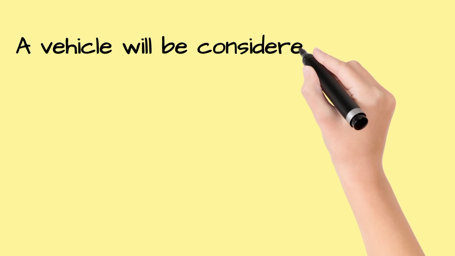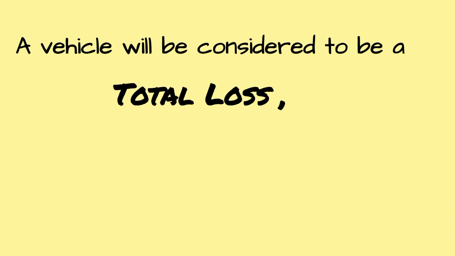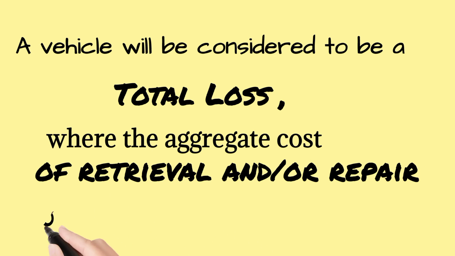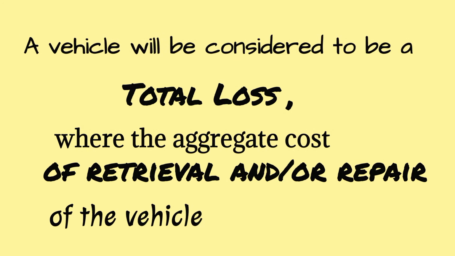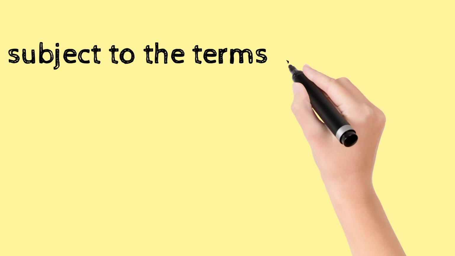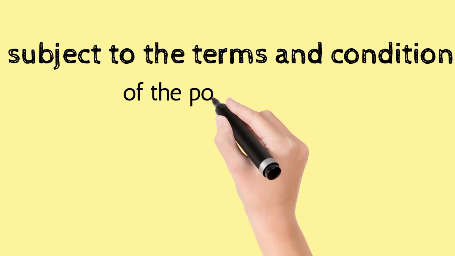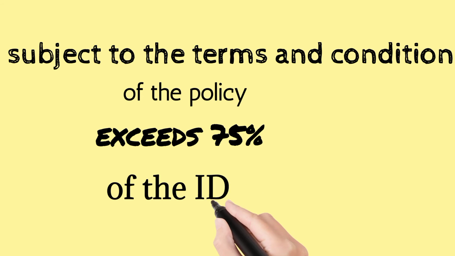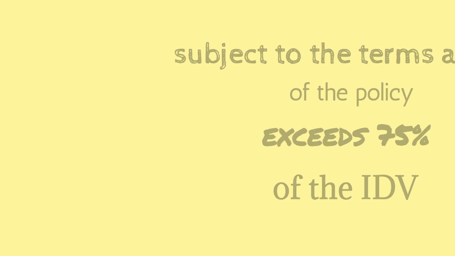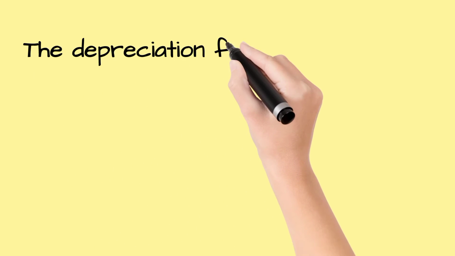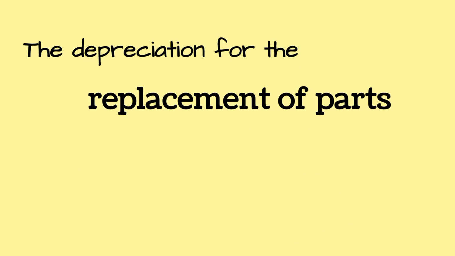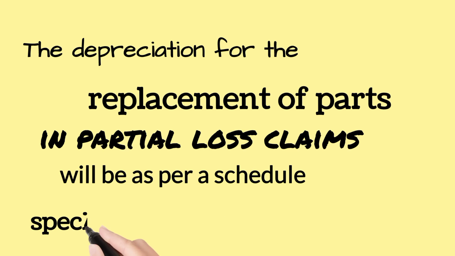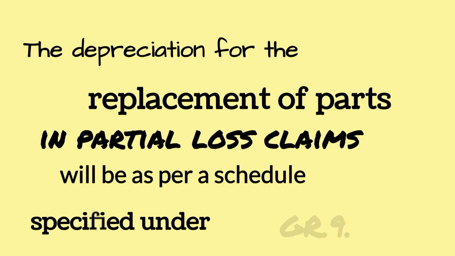A vehicle will be considered to be total loss where the aggregate cost of retrieval and or repair of the vehicle, subject to the terms and conditions of the policy, exceeds 75% of the IDV. The depreciation for the replacement of parts in partial loss claim will be as per schedule specified under GR 9.